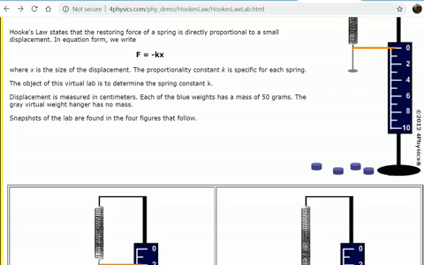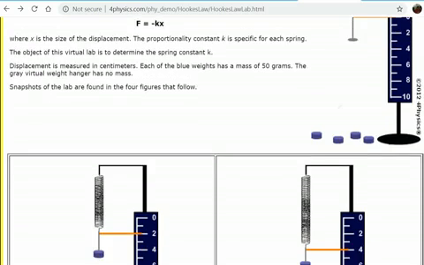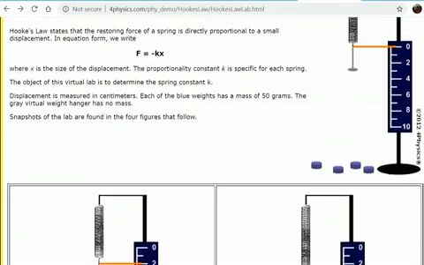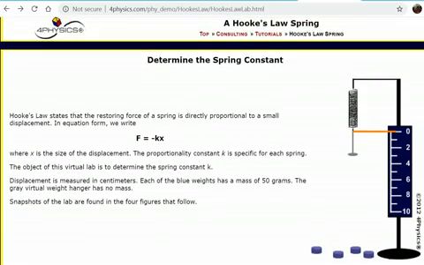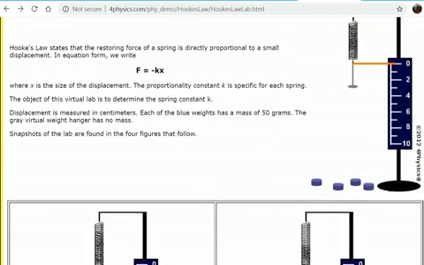And when we talk about the spring constant, it's in newtons per meter. It is in newtons per meter. So we should be able to convert our mass, because here you'll find that each of the blue weights that we're going to be placing on this spring has a mass of 50 grams. Each of the blue weights has a mass of 50 grams, right?